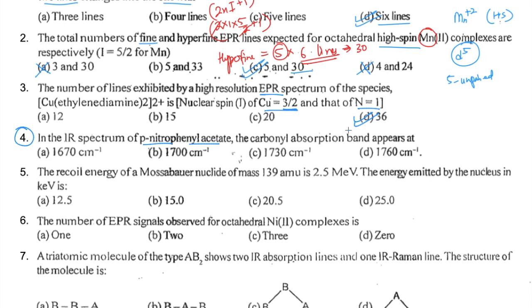Generally, phenyl acetate is this: you have a benzene ring, then you have O, C double bond O, and then you have CH3, right? So you have this as acetate group, this is your phenyl ring, and para-nitro means you will be having a nitro group over there.